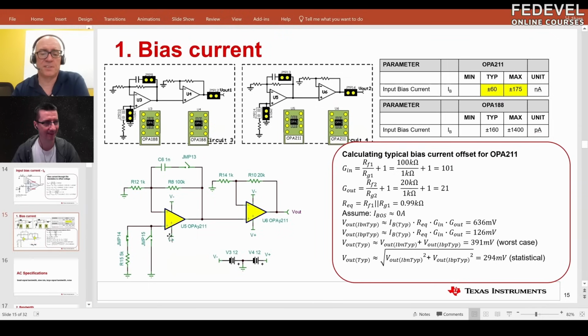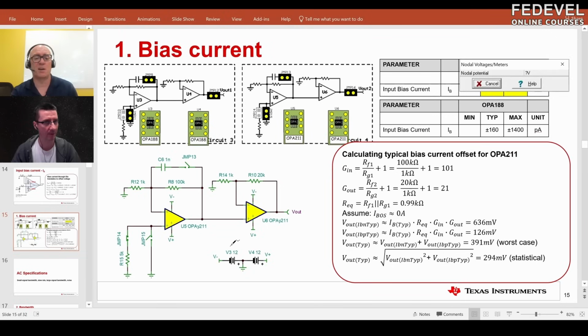Now, the same circuit that we looked at earlier, you can open up, take this jumper and move it to this resistor, so that we have this input resistance where the bias current flows through the input resistance. And that's going to make the errors worse. So let's go ahead and look at that demo.